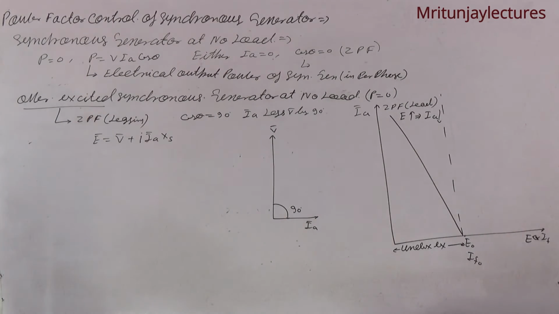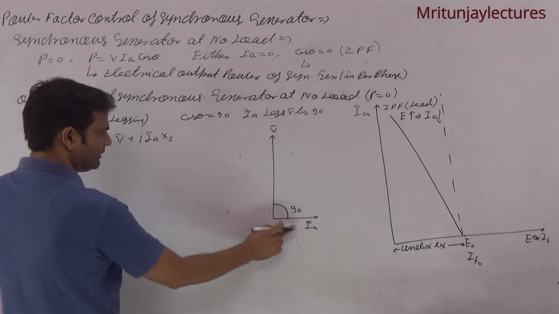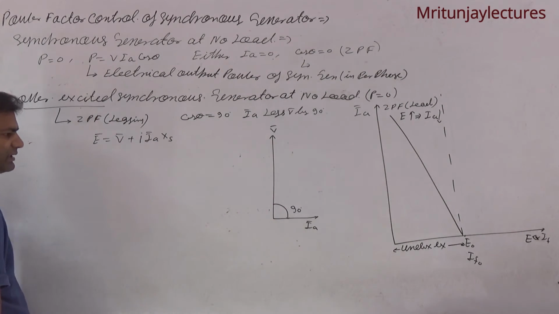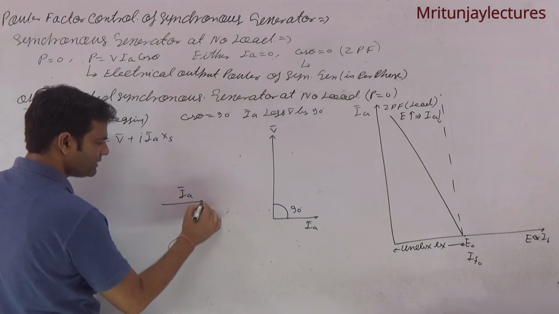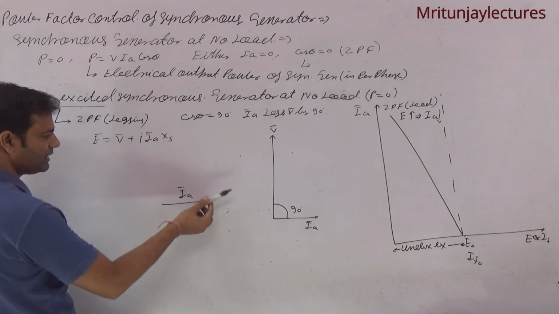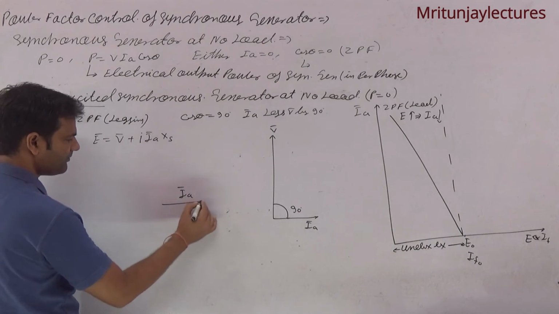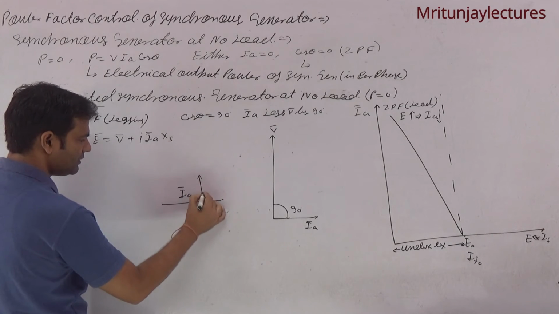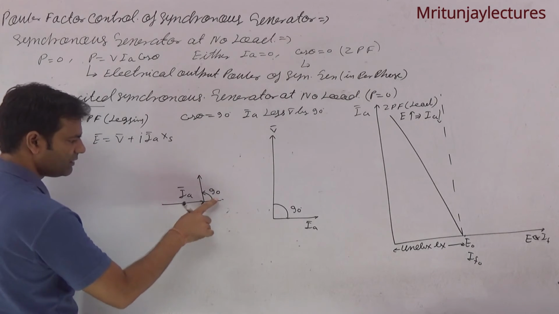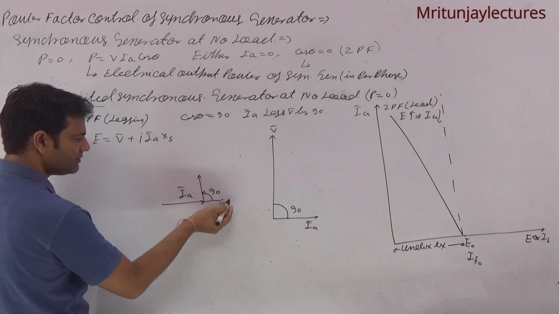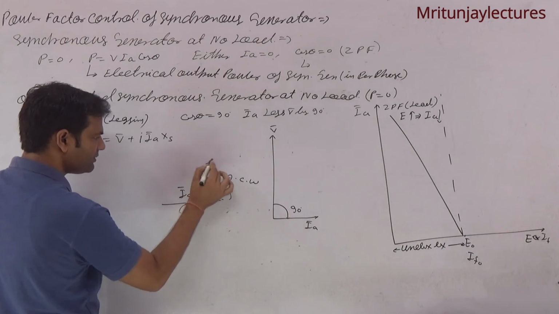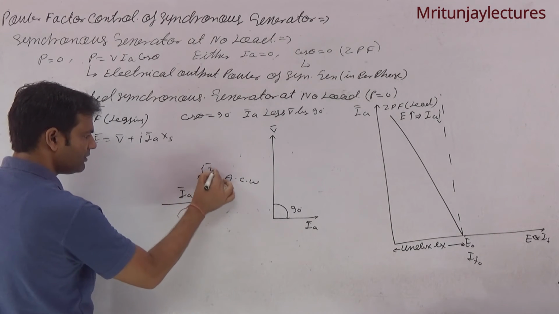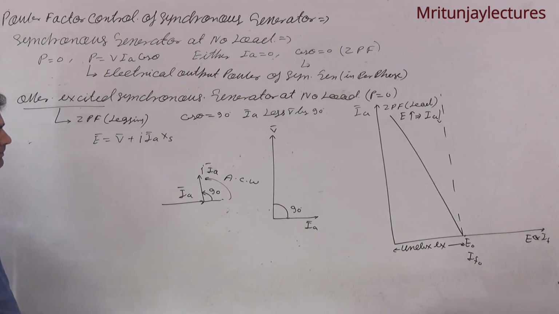Okay. Now how to make it? This one is IA. What about jIA? If this one is IA, then jIA is obtained by a 90 degree anti-clockwise rotation of IA, represented like this one.